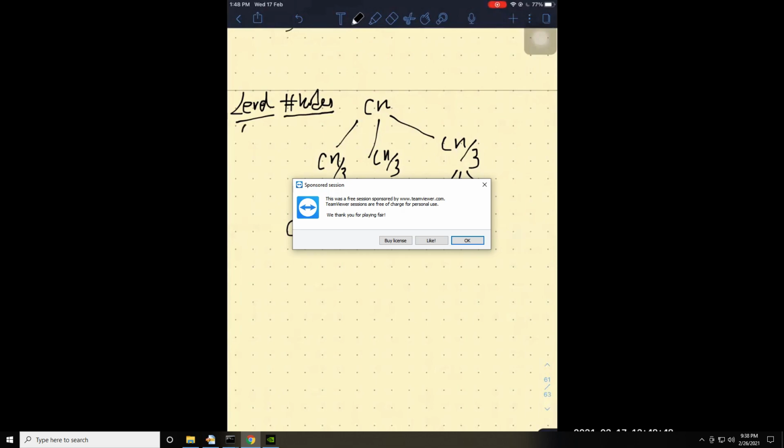So in the level 0, we have only one node, that is 3 to the power 0 for this level. And for the next level, we have 3 to the power 1 nodes. And for the next level, we will get 3 to the power 2 nodes. So is it clear how we are getting the number of nodes and the level? Is this part clear? Yes.